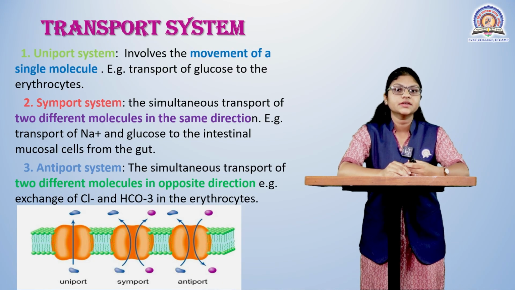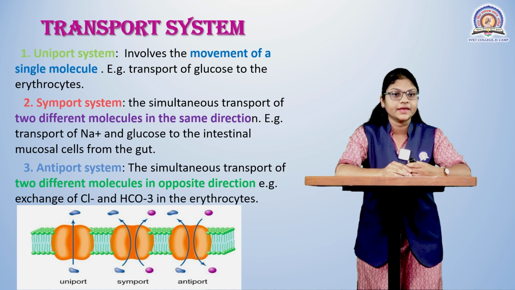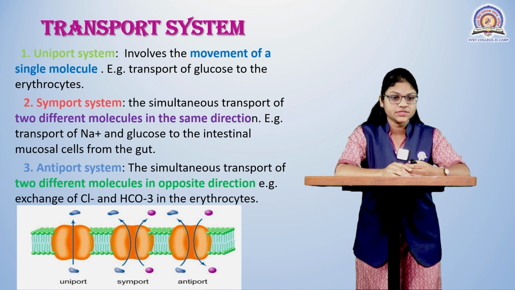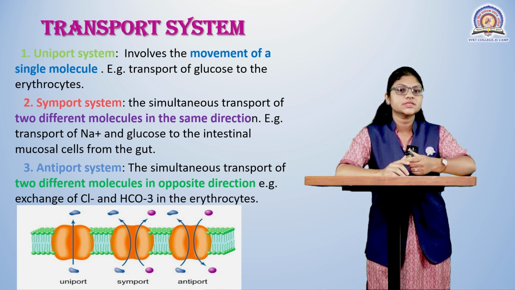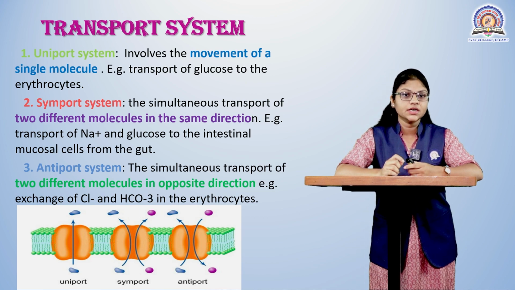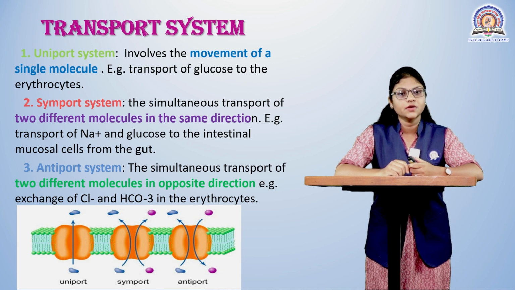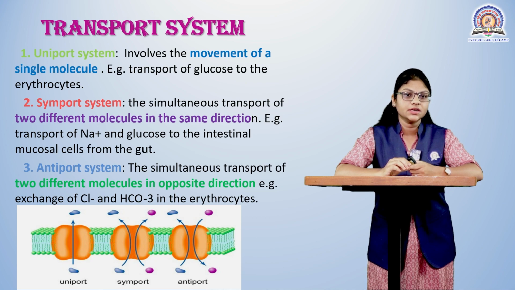There are other transport systems like the uniport system, symport system and antiport system. In the uniport system, only a single molecule is taken inside the cell or expelled outside the cell. It involves the movement of only a single molecule.